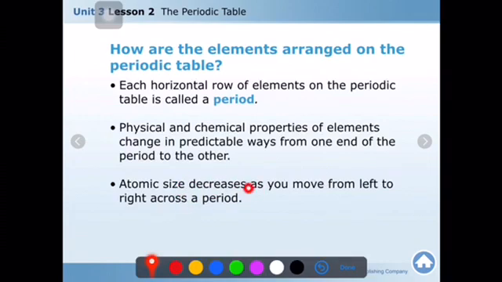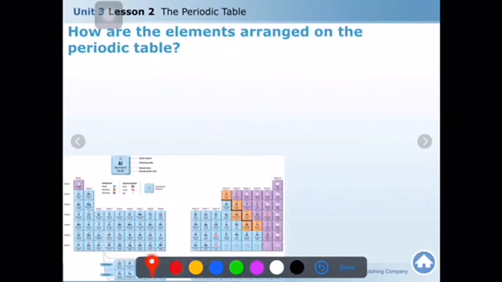For example, atomic size decreases as you move from left to right across the period. You can easily predict how chemical and physical properties will change from left to right on the periodic table. That's why we say periodic table.